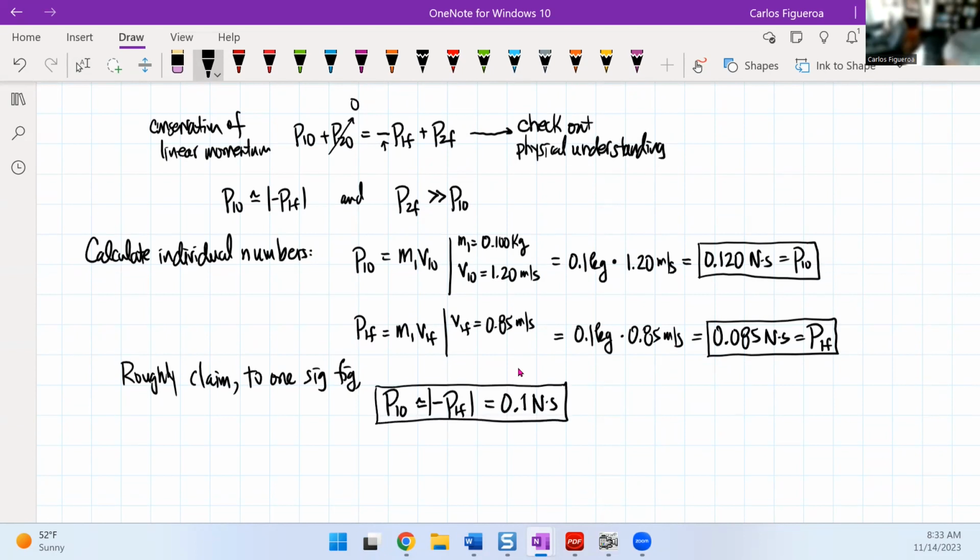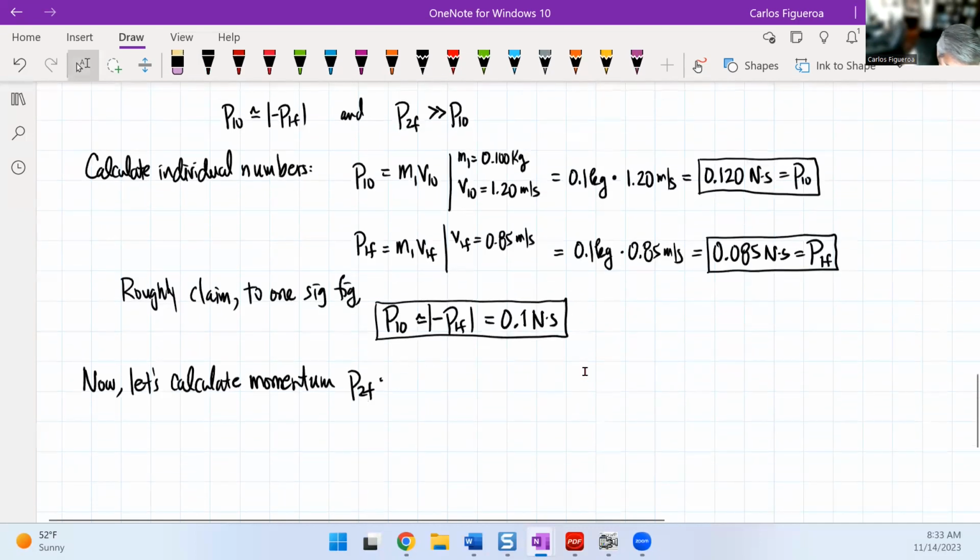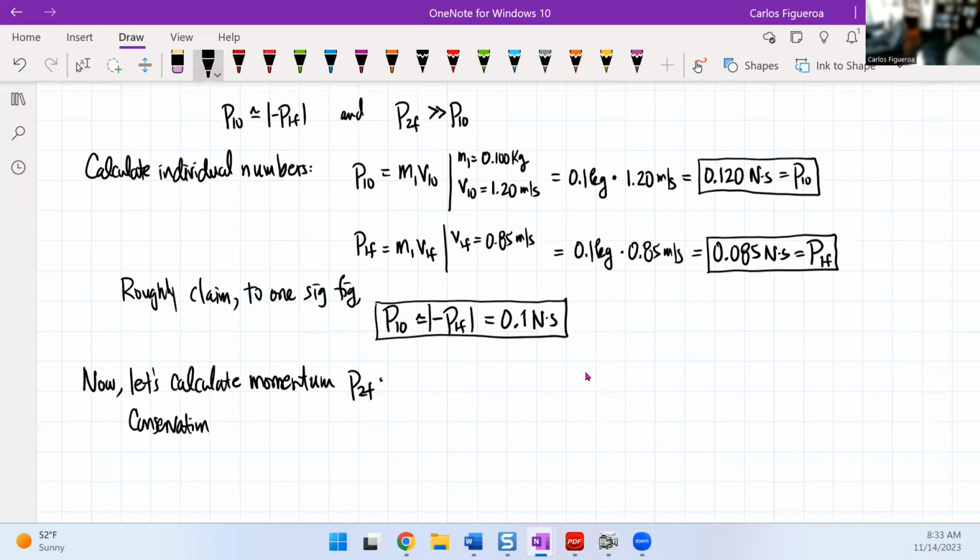So now let's calculate the momentum P2 final. We really want the speed, but let's calculate the momentum P2. So here's where we go. From conservation of momentum, we already wrote this out.